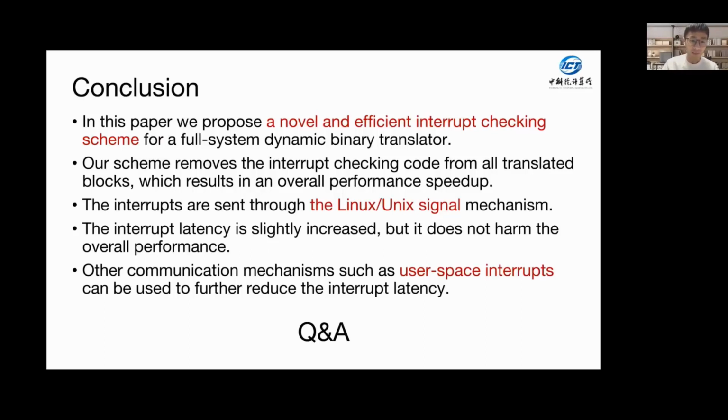The interrupt latency does increase, but it does not harm the overall performance. And recently, there is a new technique named user space interrupt, which is much faster than the Unix signal. It could be applied to further reduce the overhead of the interrupt latency.